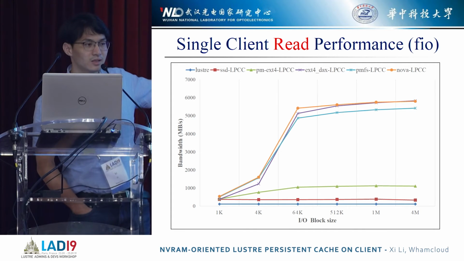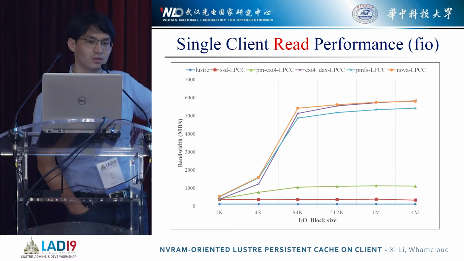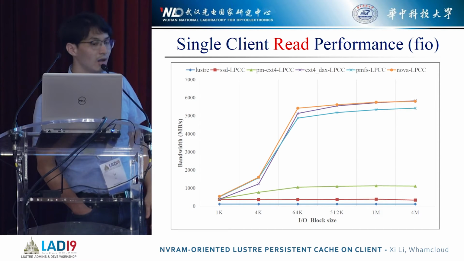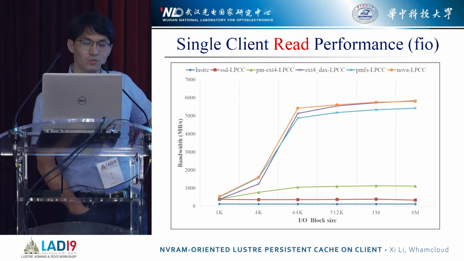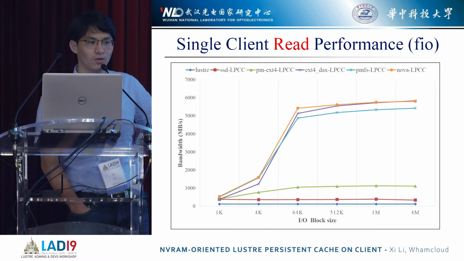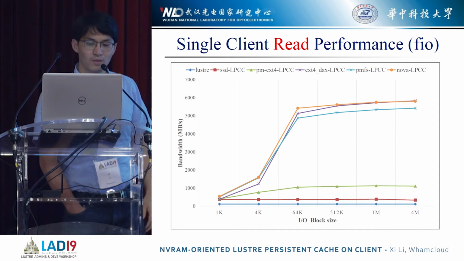So the Lustre means the original Lustre performance if the data is located on the OST. And the SSD LPCC, which is the red one, means that you cache your data onto the PCC storage, and the PCC storage is SSD. So the SSD is not super fancy, so the performance is reasonably good, but not so good.